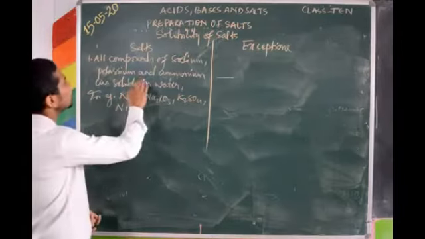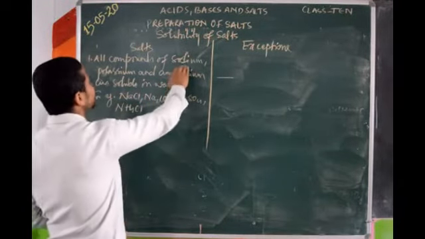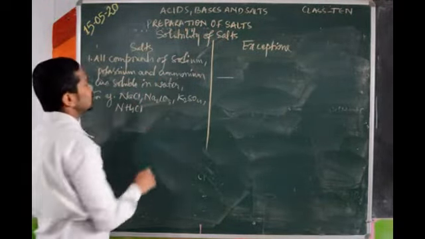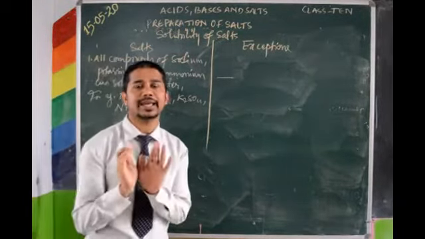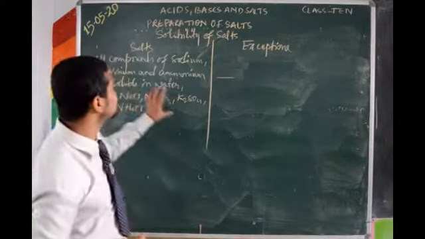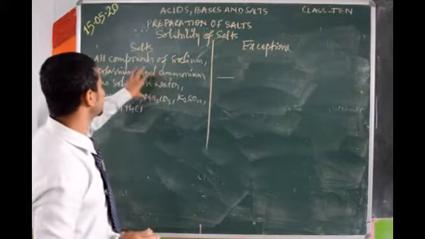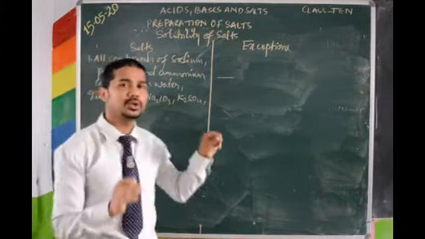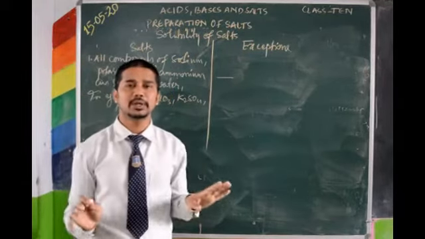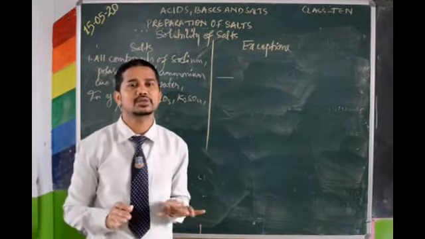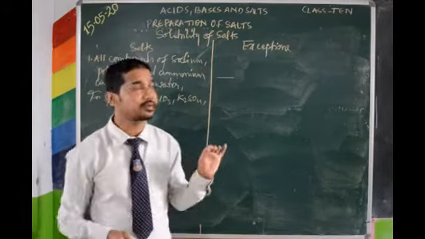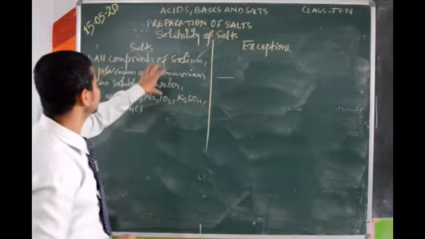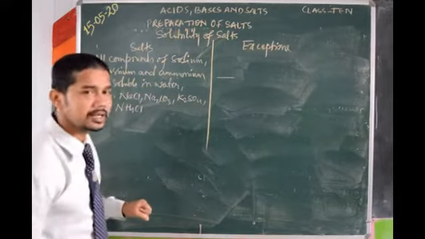Mind you, only sodium, potassium and ammonium salts or compounds are soluble. Without second thought, whenever you see compounds of sodium, potassium and ammonium, you can say they are soluble, whether they are salts or hydroxides.